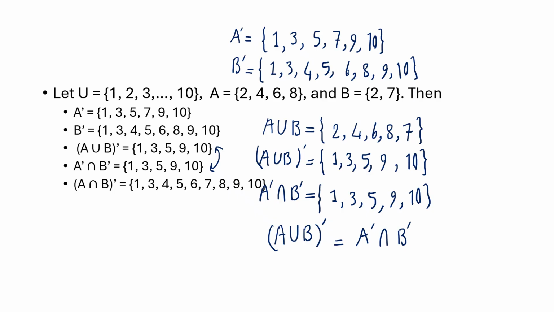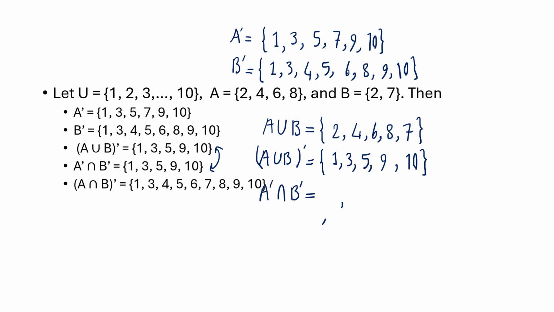Now, on the other hand, let me make some space here. On the other hand, we can do (A intersection B) prime. Let's do that. Okay, so again, step by step, first we do A intersection B. So what is the intersection of A and B?